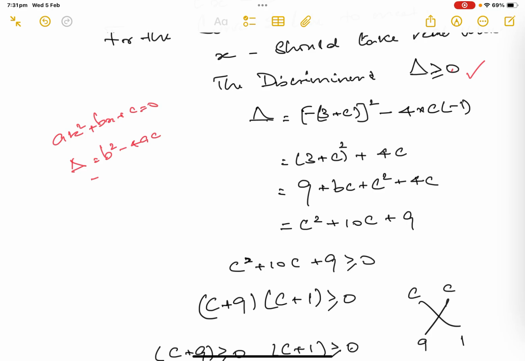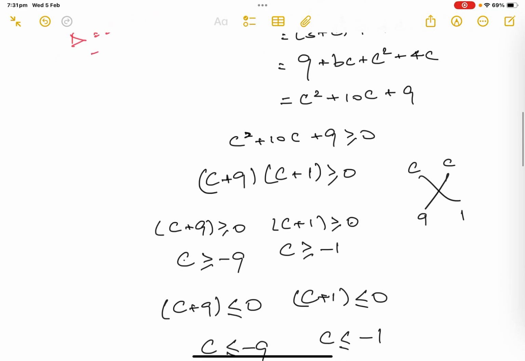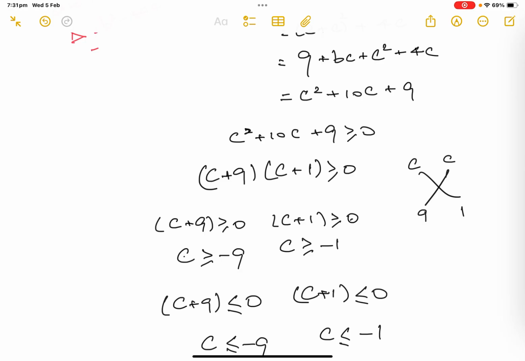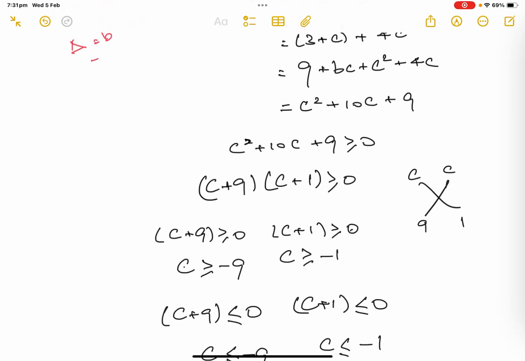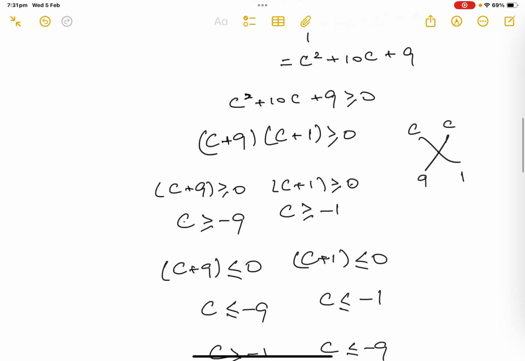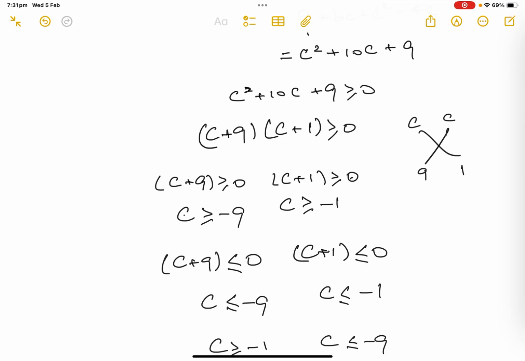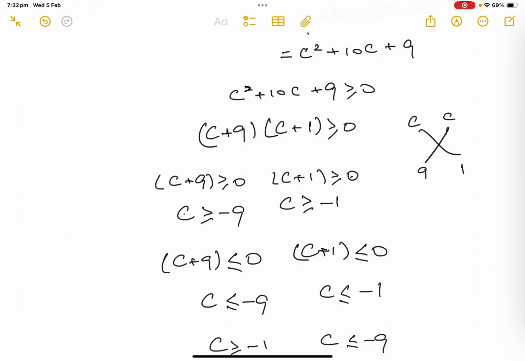Equal means the same value, and if the roots are different, the discriminant is greater, but real values either way. And c squared plus 10c plus 9 can be factorized: c plus 9, c plus 1 are the factors of that quadratic in c.